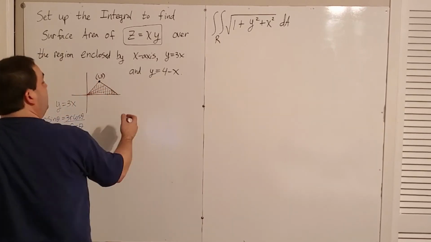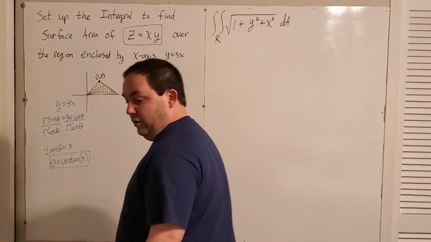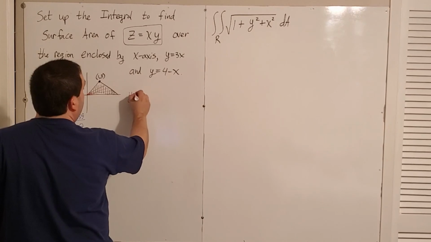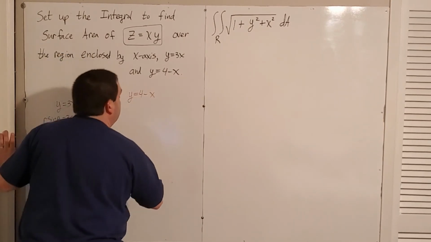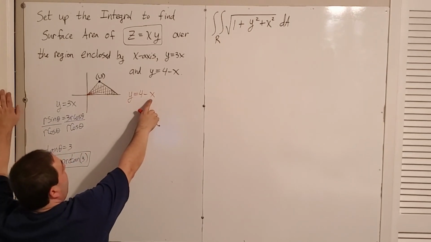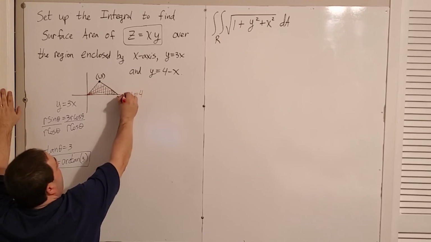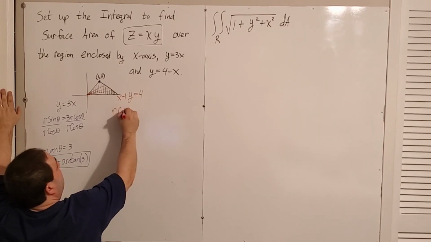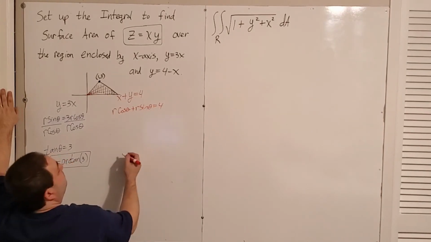So we need to convert this other guy as well. Let's convert him too. y is equal to 4 minus x. What I'm going to do here is add x over, so x plus y equals 4. That's r cosine theta plus r sine theta equals 4.